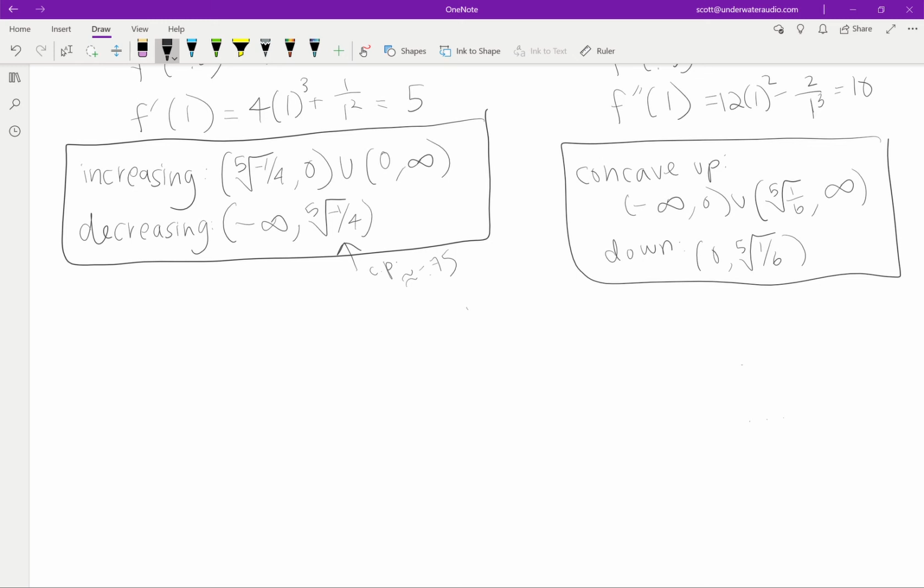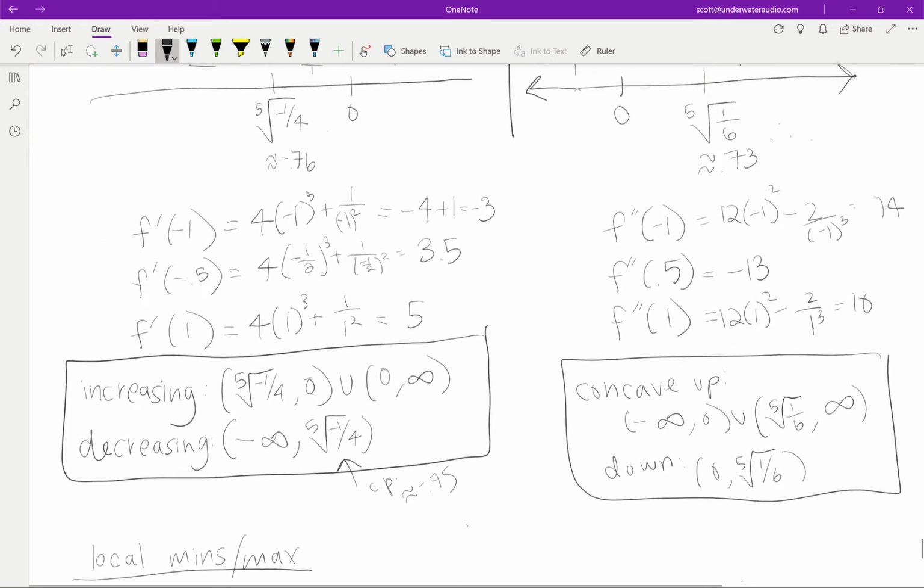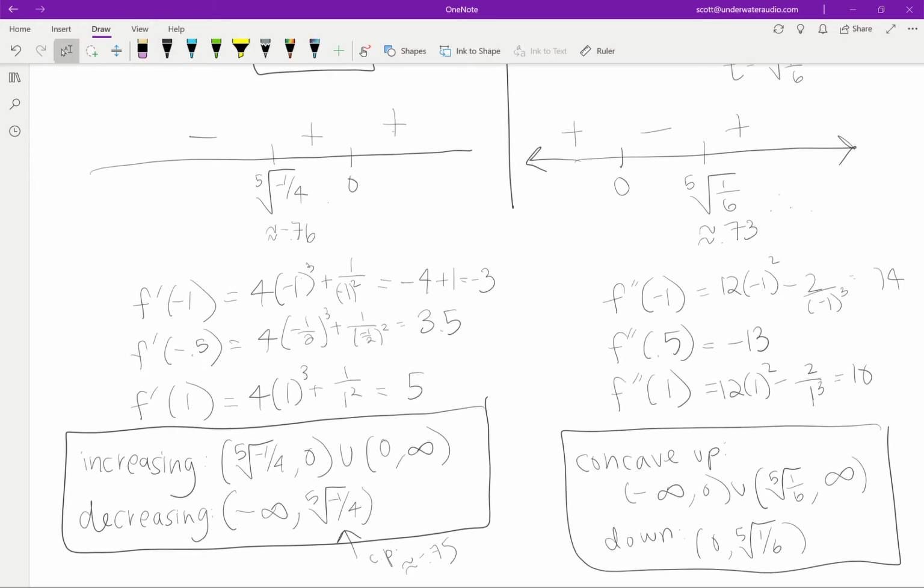Okay, so one more thing that I thought of that we should do before we try to graph it is think about local mins and maxes. So we know that it changes from negative to positive, like decreasing to increasing.